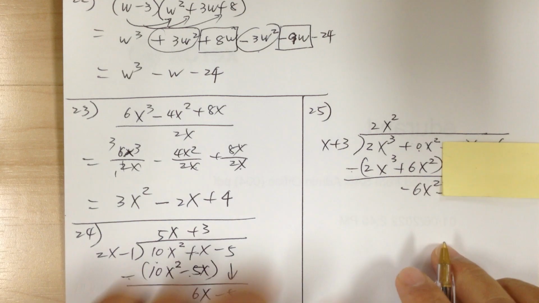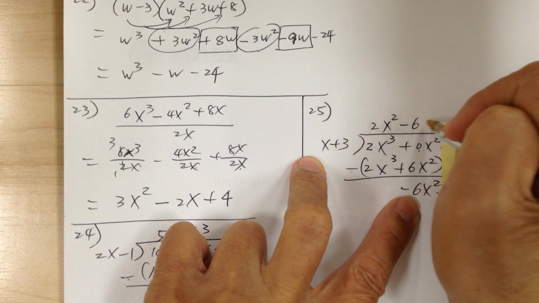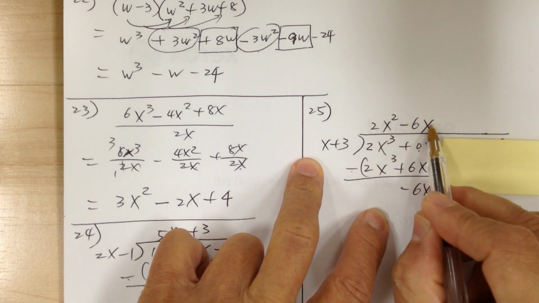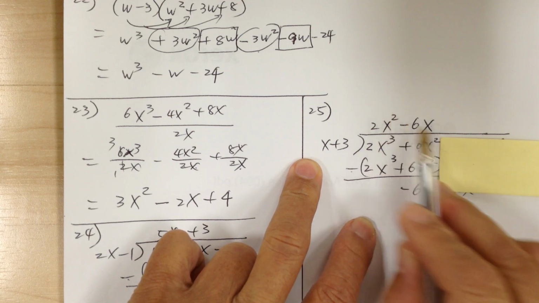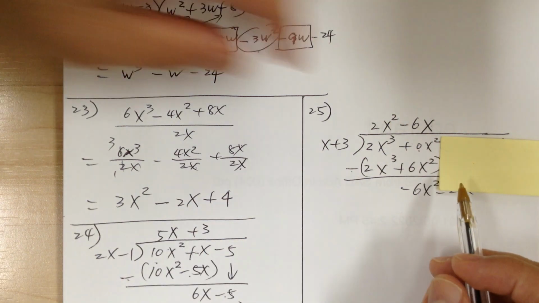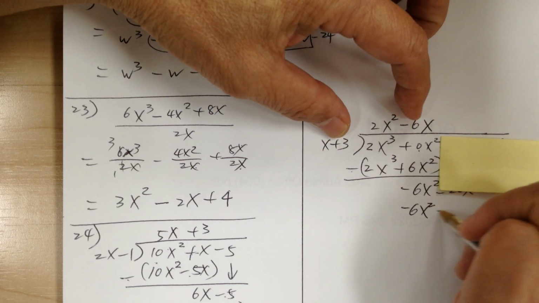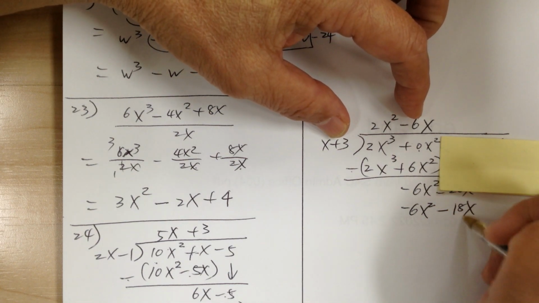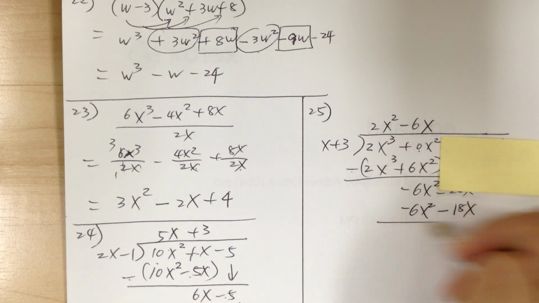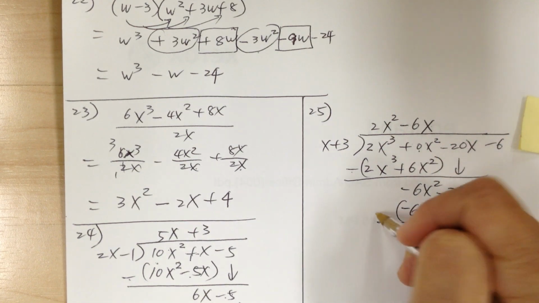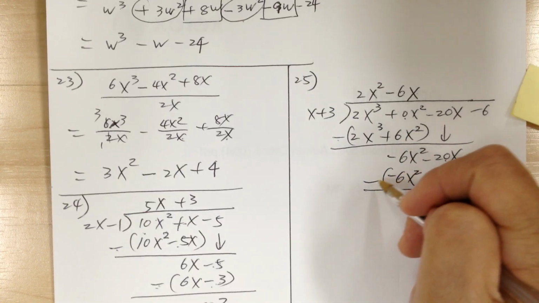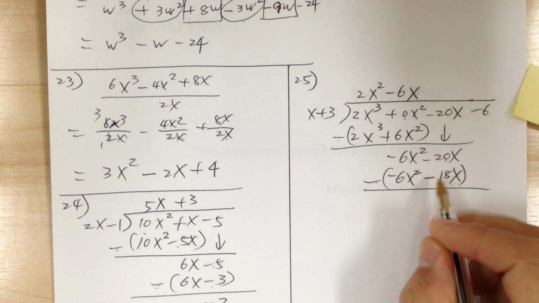Again, focus on the first term. So you need to get minus 6x. So you always have to go down in order, right? So x to the 2 to x to the 1. Okay, so when you multiply, you're going to get minus 6x squared minus 18x. Okay, draw the line, parentheses, subtract. So negative 20 minus negative 18, this becomes plus.